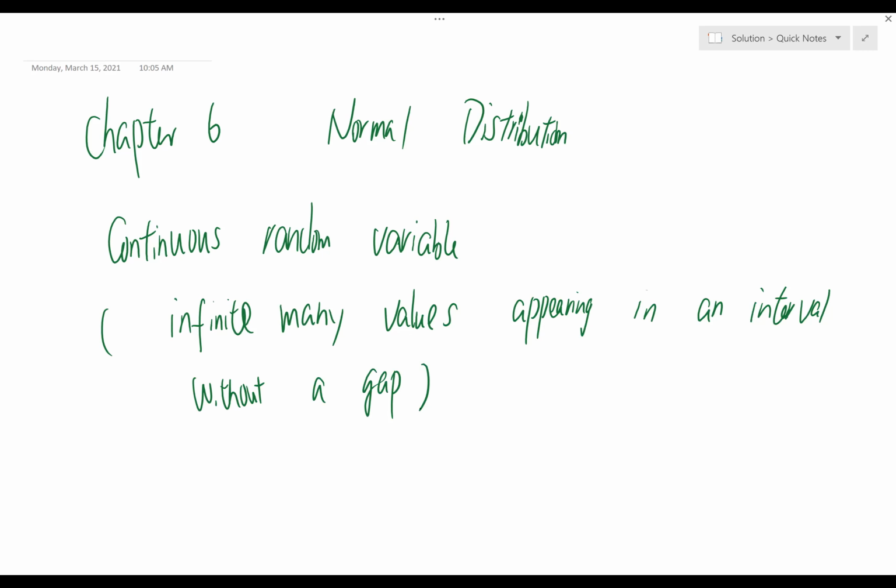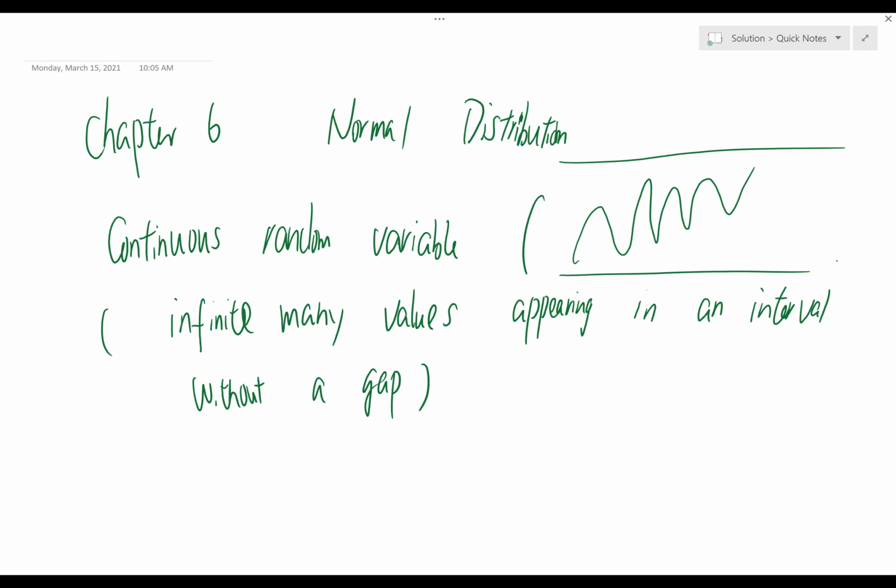So this one sentence summarizes what a continuous random variable is. And typically the graph of a continuous random variable will look like this, something happening on a continuous scale with an upper bound and lower bound. So that's the interval we're talking about.